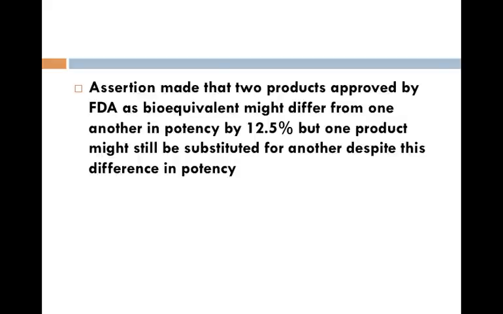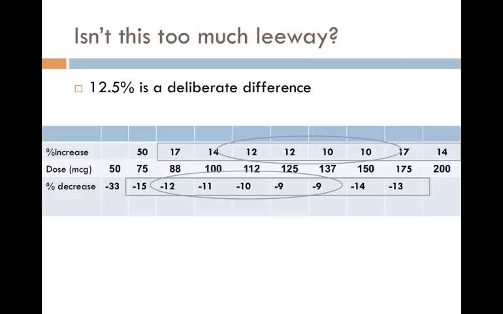in general, drugs are assumed to be bioequivalent. By the definition of bioequivalent, they could differ from one to another by 12.5% and still be considered the same. So that's okay for some drugs, but for thyroid, it's such small amounts that we're talking about that that's like changing the dose.